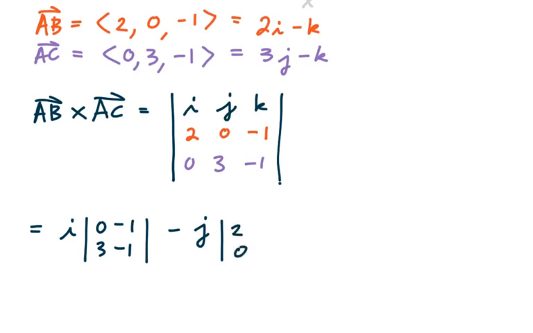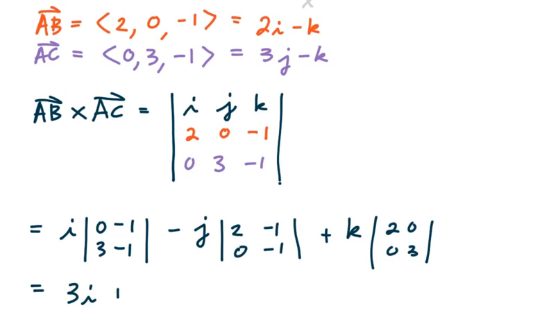I've got 2, negative 1, 0, negative 1, and plus k, 2, 0, 0, 3. So simplifying this, I've got 3i plus 2j plus 6k. I'll leave that intermediate algebra out. So this represents our cross product, which is our vector which is perpendicular to the plane.